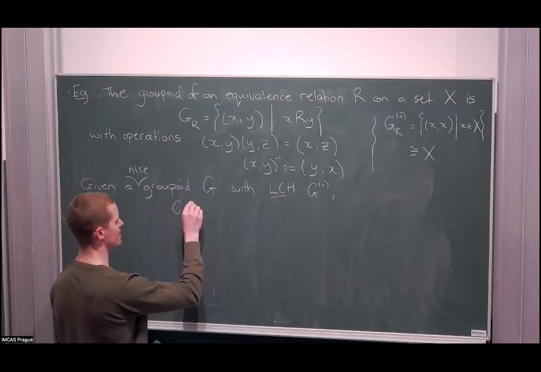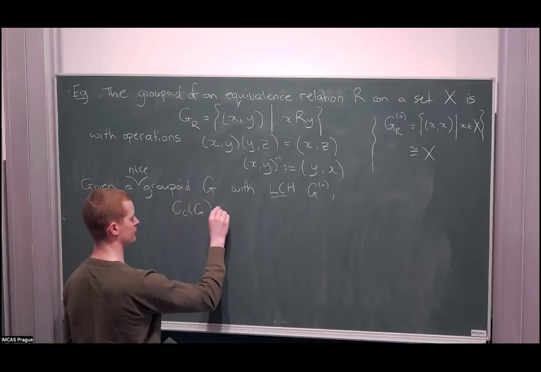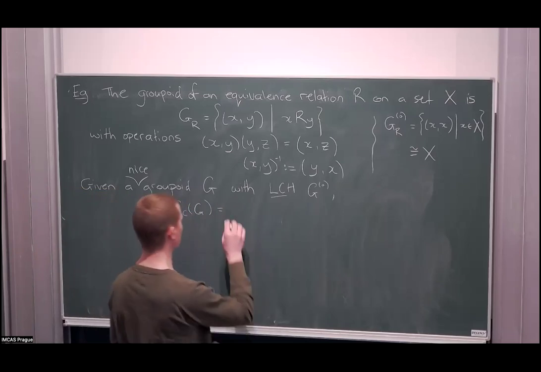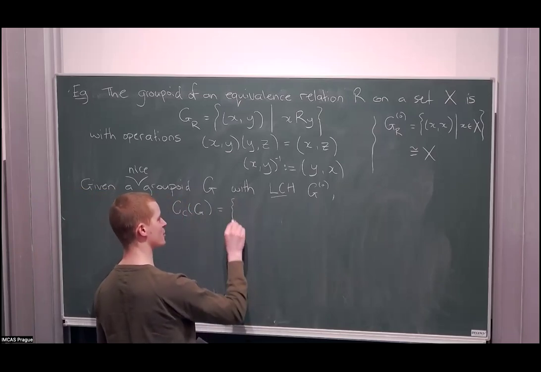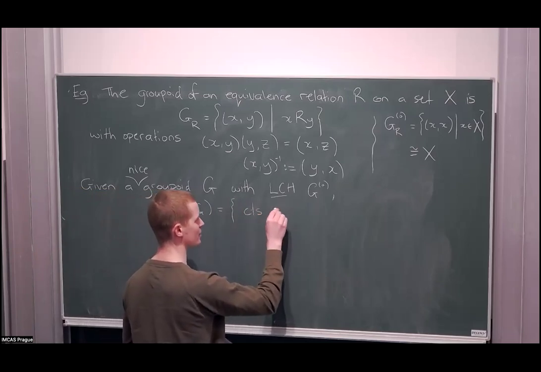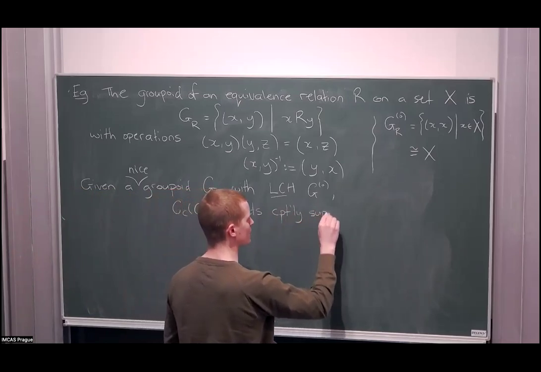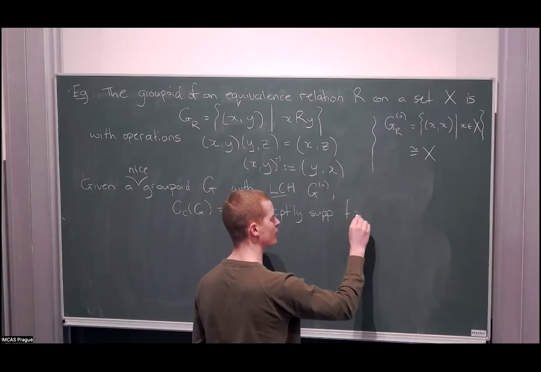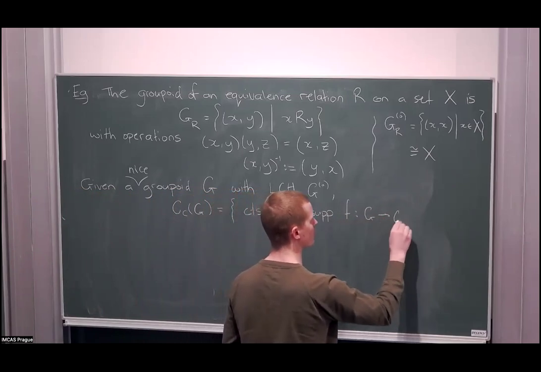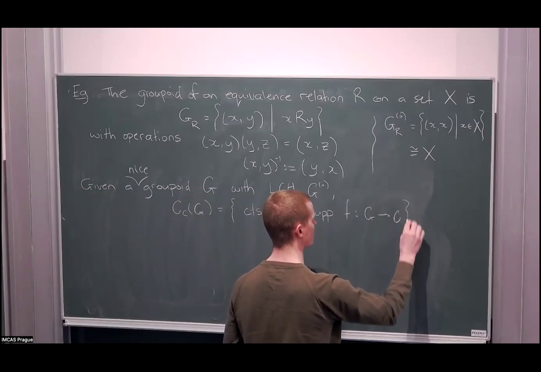So when you're in such a nice setting, as Ben pointed out, we can construct a star algebra by collecting all of the continuous, compactly supported functions from the groupoid to complex numbers.